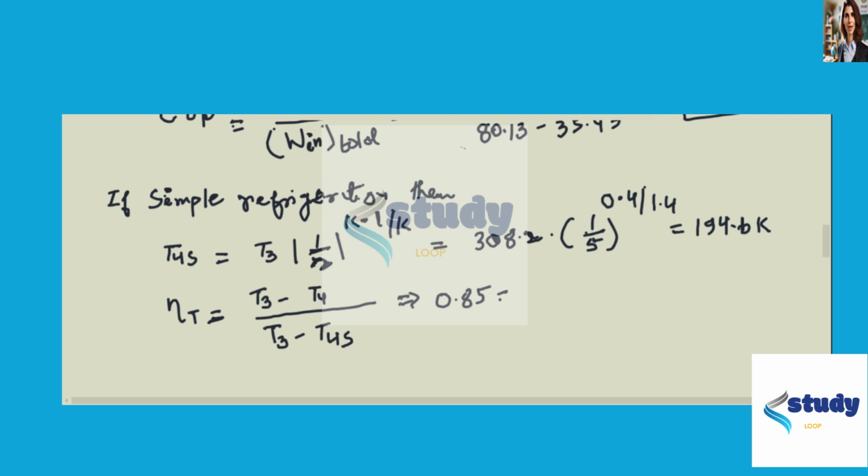Temperature at third state is given 308.2 minus T4 upon 308.2 minus temperature of fourth state in isentropic process of 194.6.